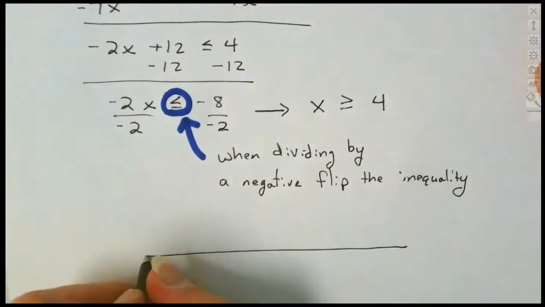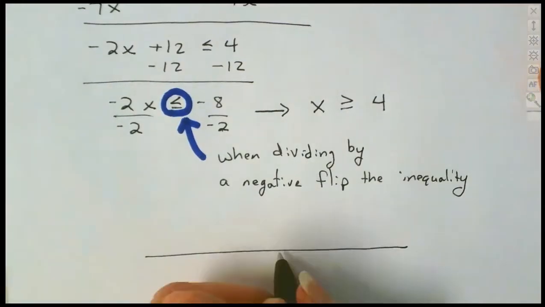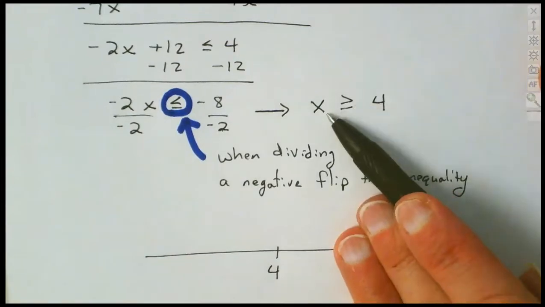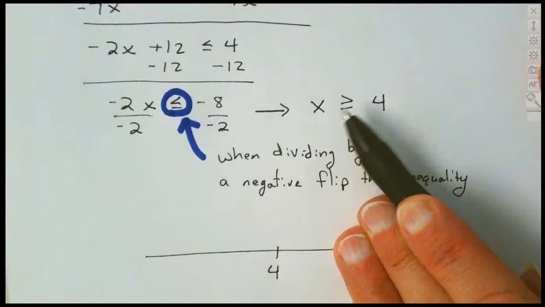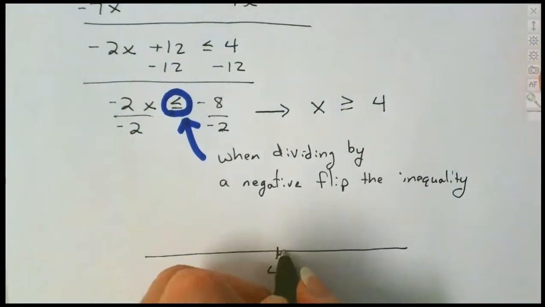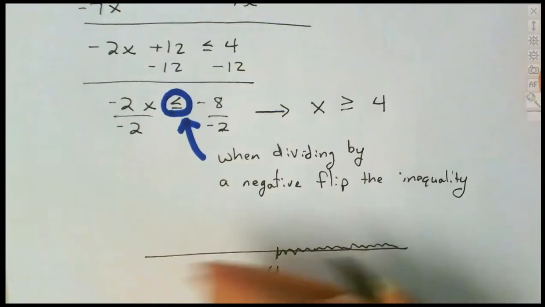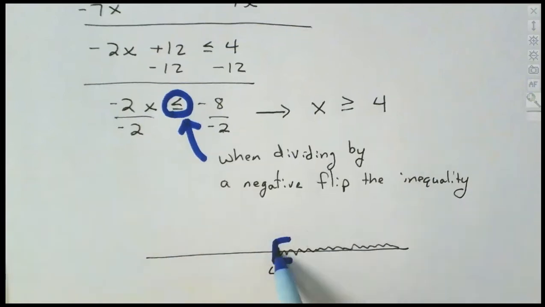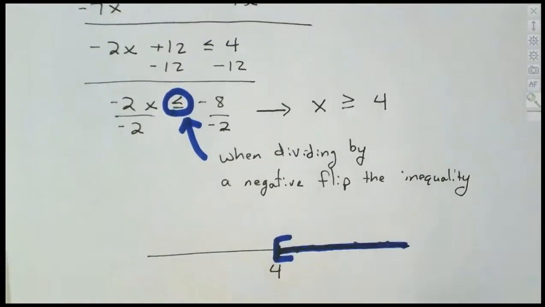On a number line, we've got our 4. And which way does it point? The x is on the left, which is what we want. It's pointing to the right. So that means we're going to shade to the right. It is greater than or equal to, so that means we'll need a square bracket here. It's going out to the right.